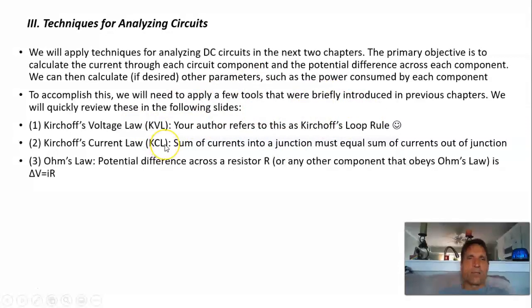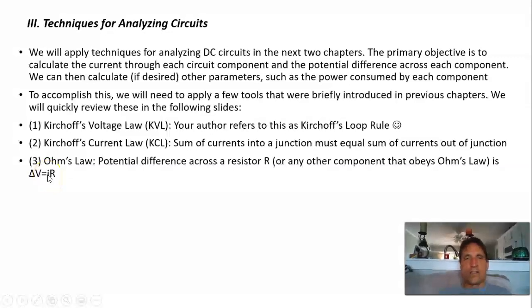Then last chapter we did Kirchhoff's current law, which just says that the sum of the currents into a junction must equal the sum of the currents out. And then the third one is Ohm's law, which just says that the potential difference across any resistor is delta V equal to I times R. That should be a capital I.